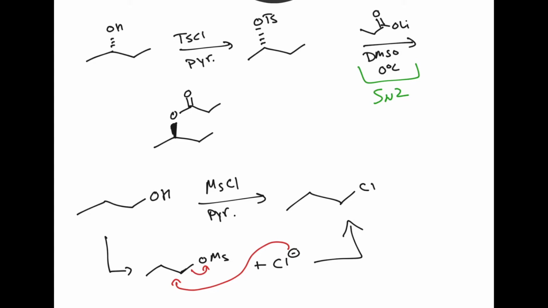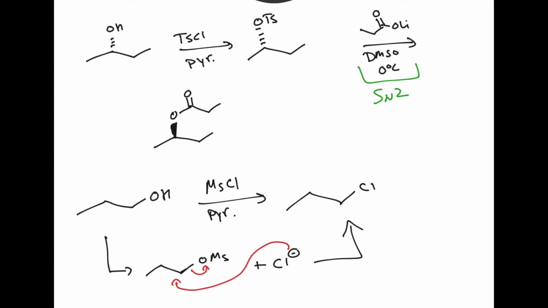Personally, I consider this almost like a side reaction, where if I want to turn my alcohol into a chloride, I have 3 other ways to do it. But this is a reaction that does happen. So if on a test, I say tosyl chloride or methyl chloride and pyridine, I want you to make the sulfonate ester. I think there's one homework question where they ask what's the product, and it's the chloride.